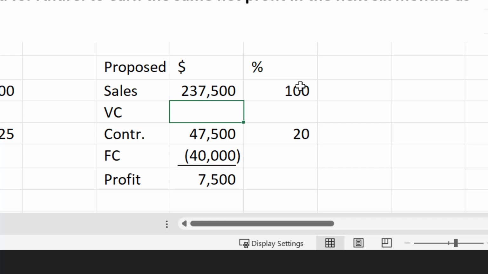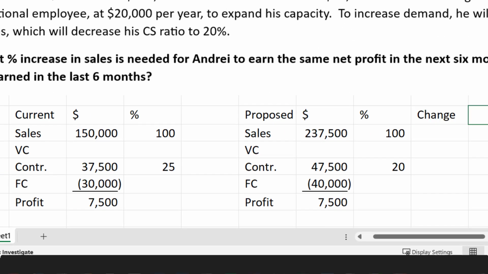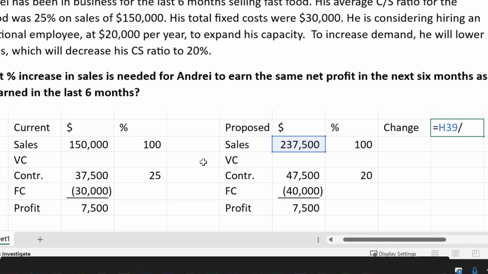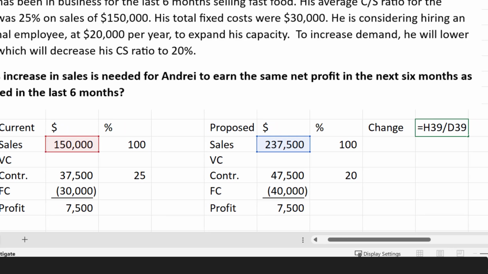sales level. But the question isn't asking us what's the new sales. We need to know the change. So now that will be the new one divided by the old one, 1.58. And if we subtract 1 from that, that will give me the percentage increase to the nearest percentage point.